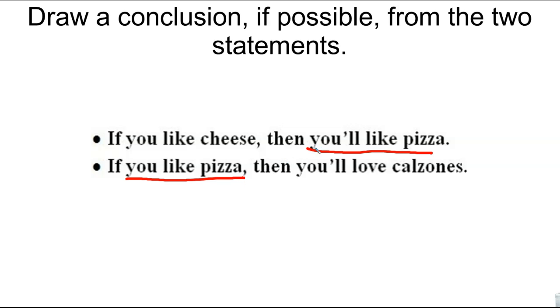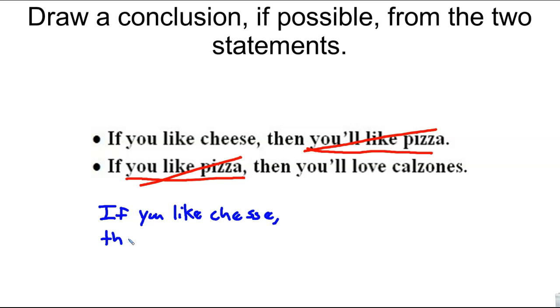So what I can do then is I can basically skip the like pizza part in the middle and make the conclusion, if you like cheese, then you'll love calzones.